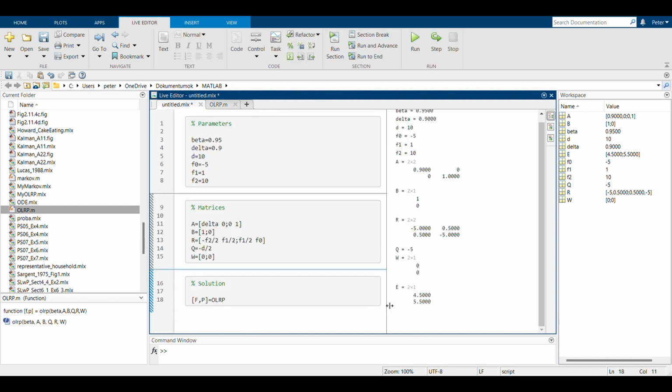It's an easy thing, but we need to be careful. A, B, not Q R, but R Q. Okay, and W. And let's calculate the optimal law of motion.